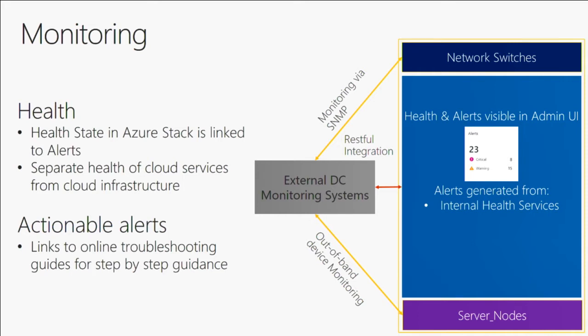So we know that there's parts of the system that need to be monitored externally. And so to ensure that we can keep the information in the same place, so that you, as you run your data center, can do things like correlation in the tools that you've been using, we have that RESTful API so you can pull alerts that come from our software components out into those external monitoring systems as well.